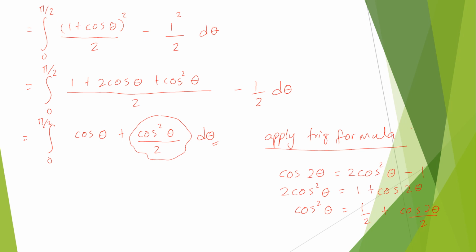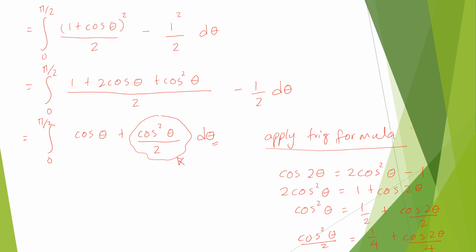Here we have cos squared theta over 2, so dividing by 2 becomes 1 over 4 plus cos 2 theta over 4.